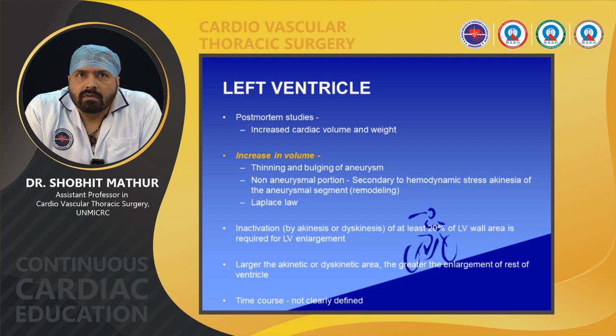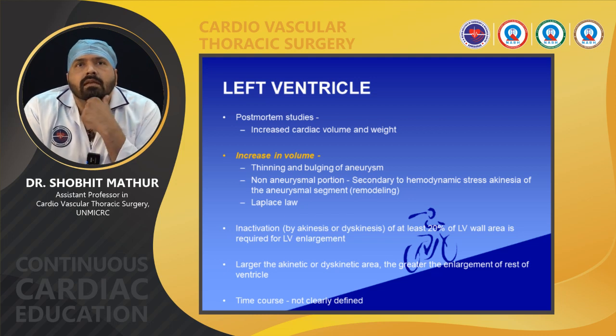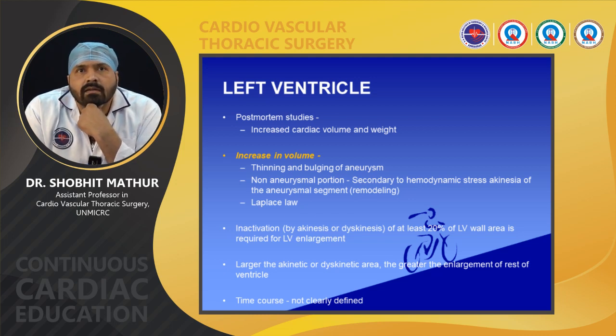The aneurysm will get thinned out and it will bulge out. The non-aneurysmal or normal portion of the LV wall, due to secondary hemodynamic stress of the aneurysmal segment, will undergo remodeling, and that will again lead to an increase in volume. More than 20% of the LV wall akinesia or dyskinesia is required to cause LV enlargement.